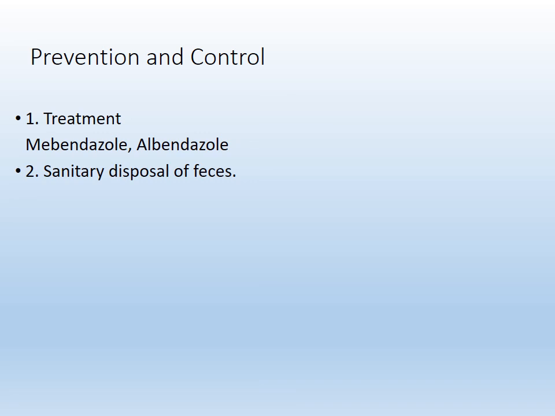Finally, the prevention and control. So, the treatment part, like other intestinal nematodes, mebendazole and albendazole are the drugs of choice which can control this infection. And to break the chain of the infection, sanitary disposal of feces and use of toilets can remarkably cut down the cases of this worm, because when a person defecates in an open area, the stool would have access to our food and water, and that cross contamination leads to transmission of this infection.